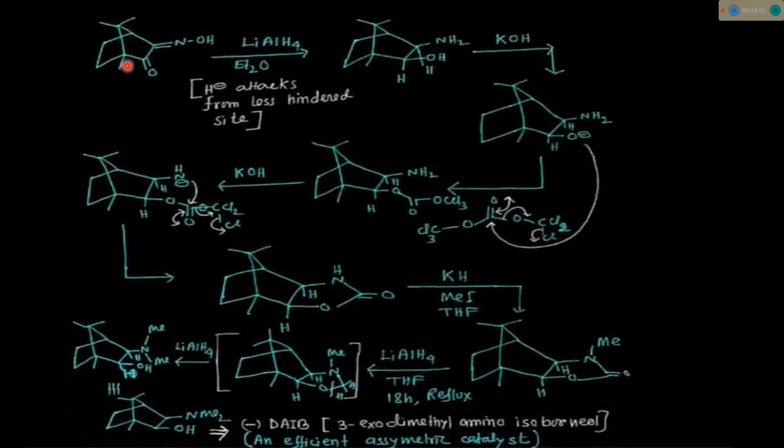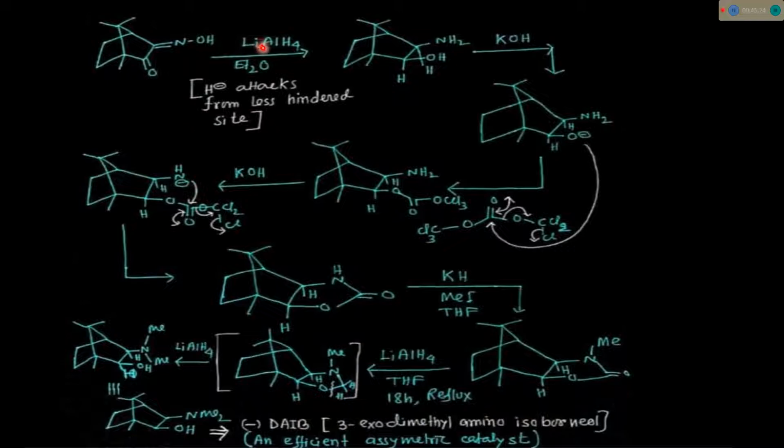So yeah, in the first step you have to carefully see the first step. We are using lithium aluminum hydride in ether. Here lithium aluminum hydride performs three reactions. If you remember the use of lithium aluminum hydride in the second question, that is the attack on the imine carbon and then N-O bond breaking.